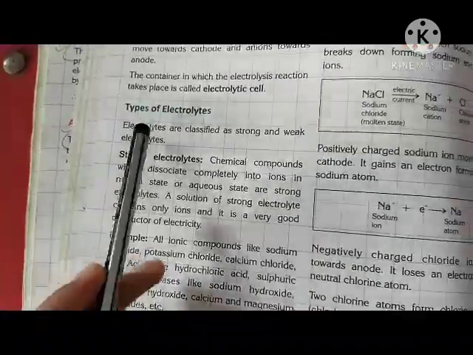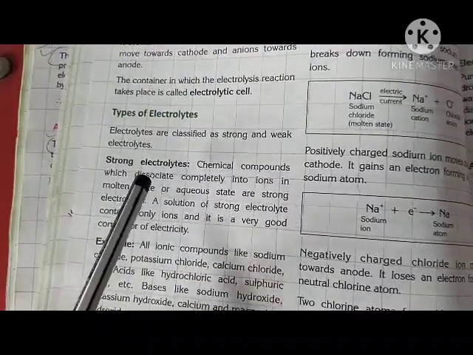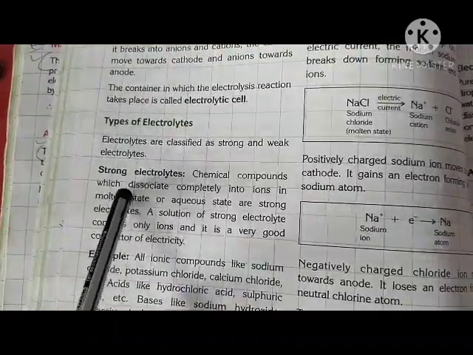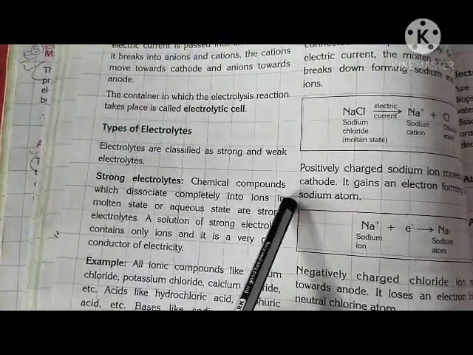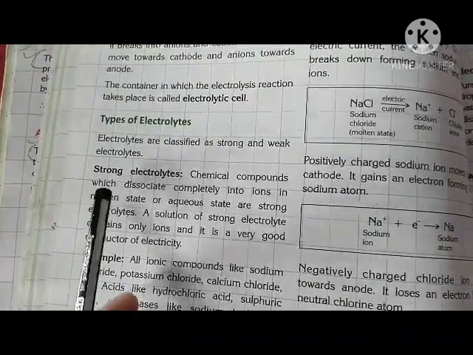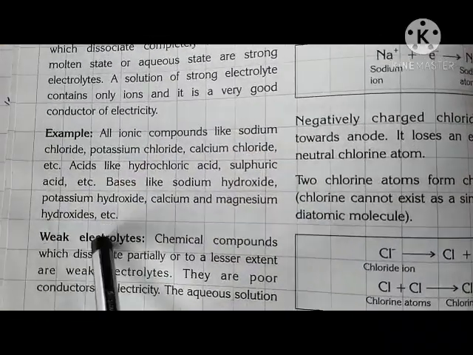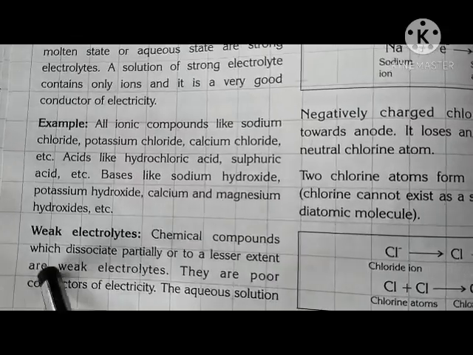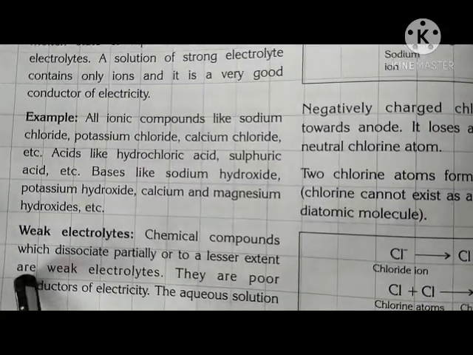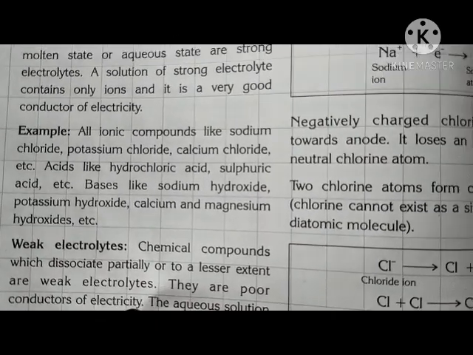Now here you can see types of electrolytes. Some electrolytes are easy to break; they are known as strong electrolytes, chemical compounds which dissociate completely into ions. But some are weak electrolytes, chemical compounds which dissociate partially or to a lesser extent. They are poor conductors of electricity.